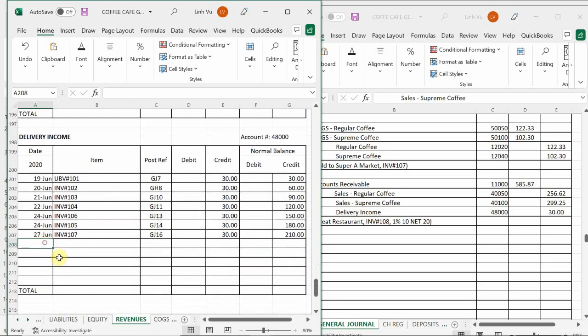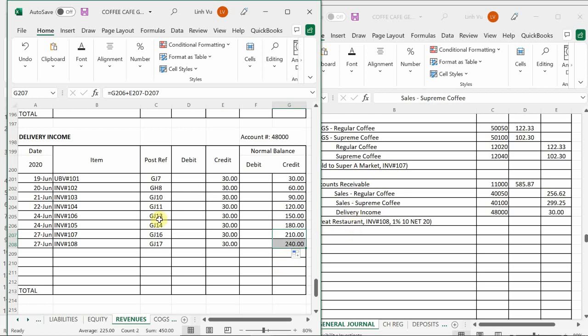So here we are, delivery income for invoice number 108. We charged an additional $30, giving us a grand total of $240. So there we finished our journal.